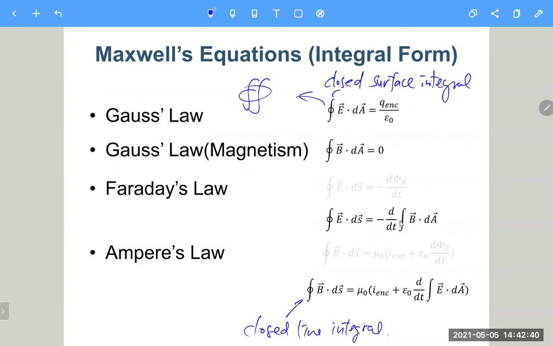And of course, for this one it can be written this way, and so can this one. But in order to match the notation of the textbook, I just use one integral sign here.